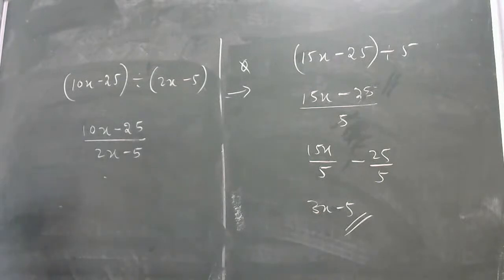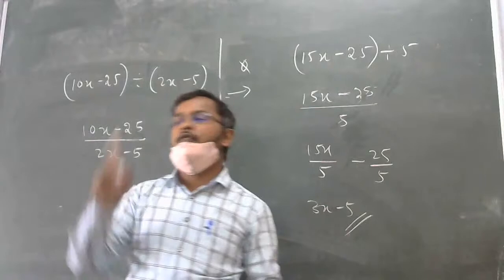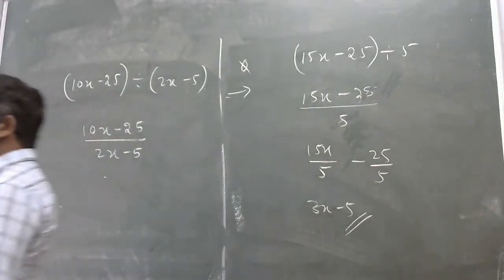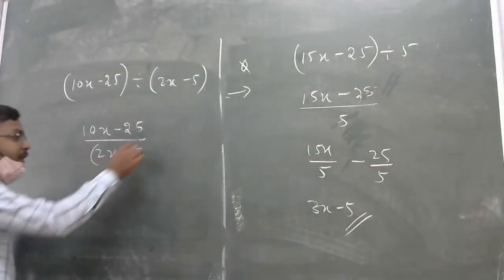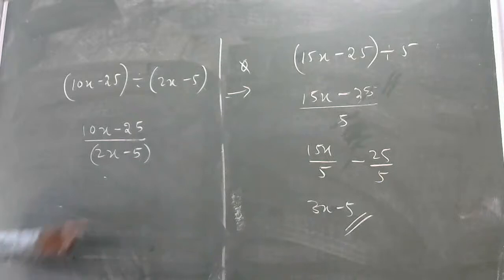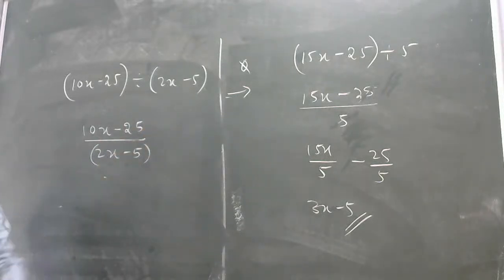So if we are having only one term in denominator, we can separate and we can directly cancel them. Whenever you are having two terms, you have to be very careful. So how can we cancel? The same term you have to get on the numerator and then you have to cancel them. Okay. So can we get the same term on the numerator?